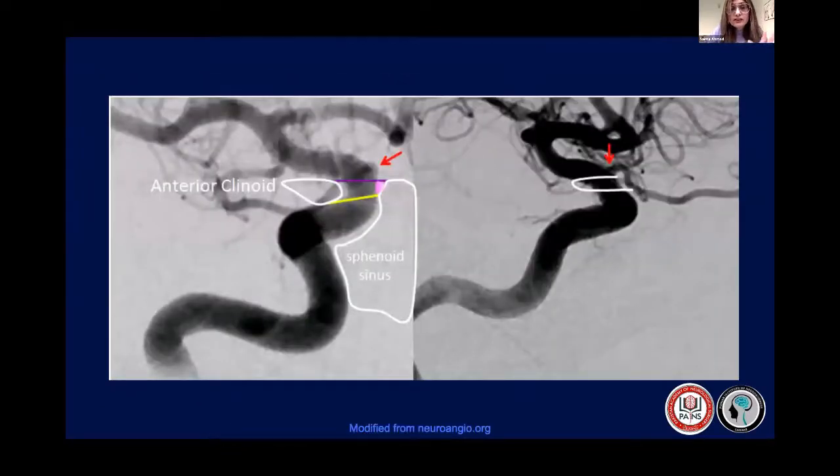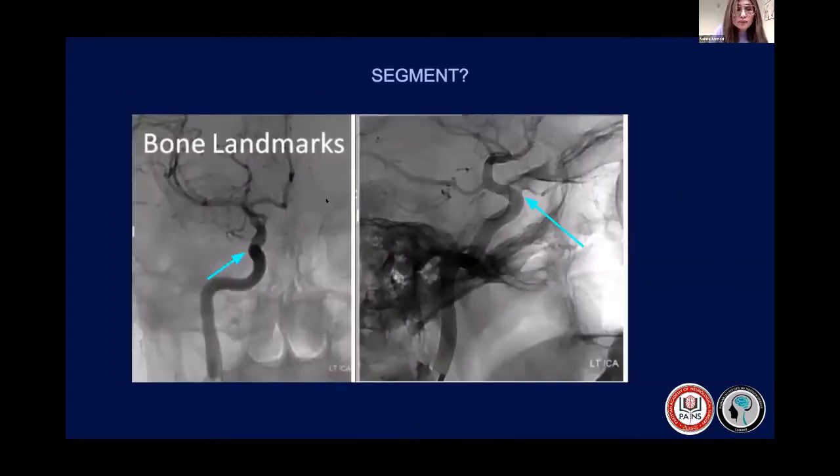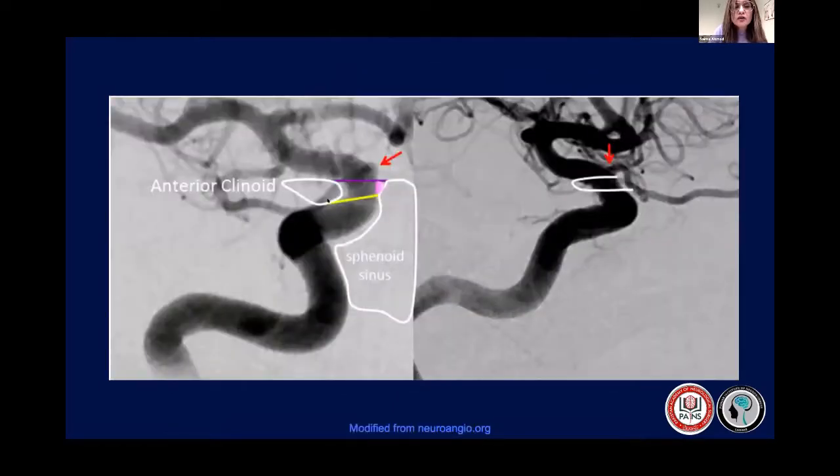So this is the illustration which I was telling you about, how it looks. This is the proximal dural ring. This is the place where we see the anterior clinoid, and this red arrow is the ostium of the ophthalmic artery in the lateral view. So this is the anterior clinoid, and this is the proximal ring, which is the last part of the cavernous sinus.